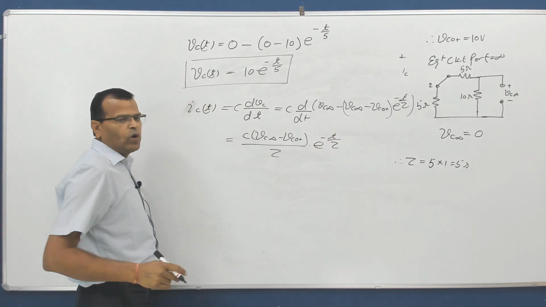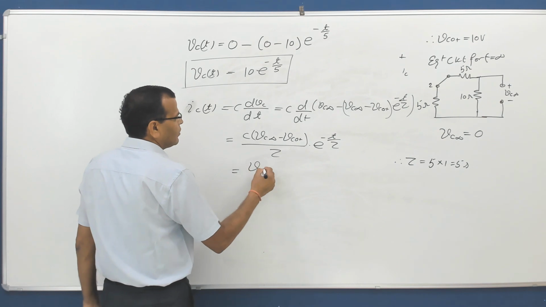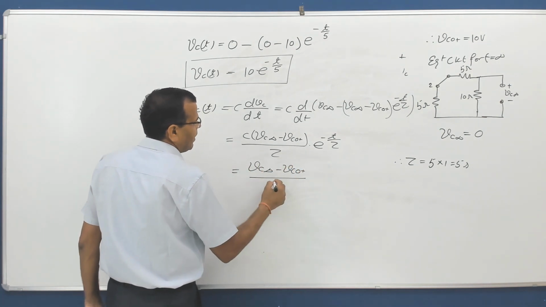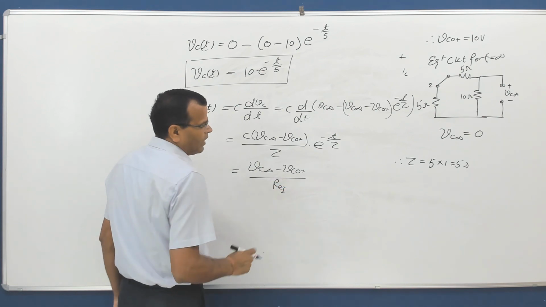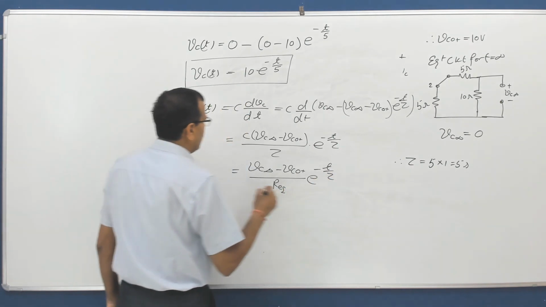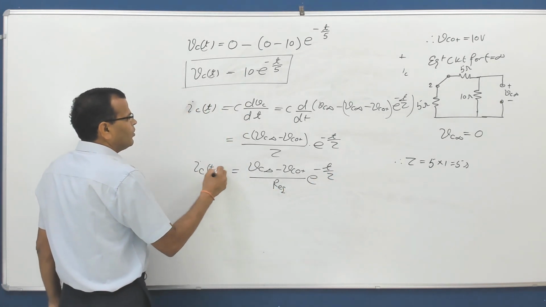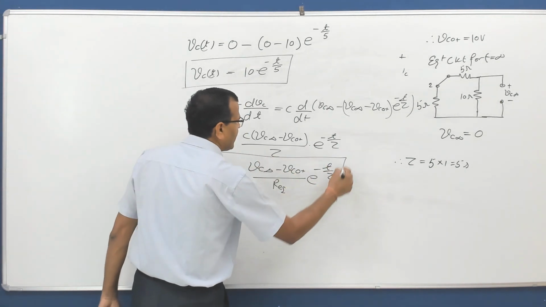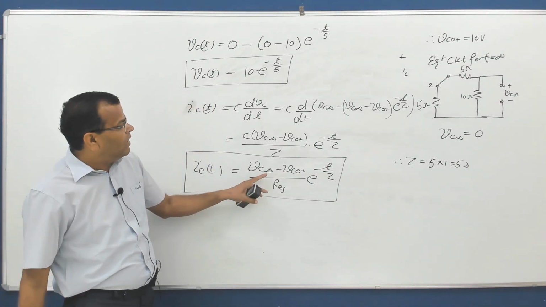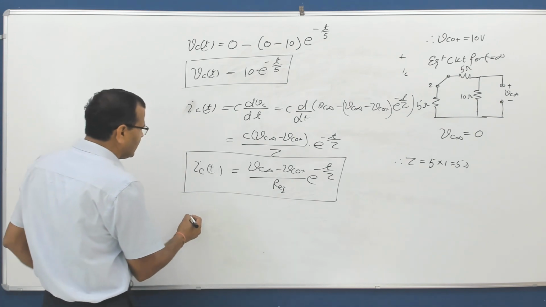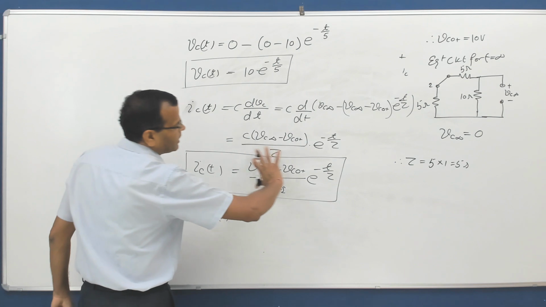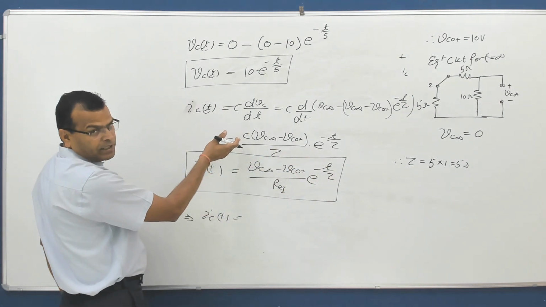And you know what is tau? Tau is R equivalent into C. So this is Vc infinity minus Vc0 plus divided by R equivalent, the Thevenin equivalent seen across the capacitor terminals, e raised to power minus t by tau. This is Ic(t). You should remember this expression directly rather than deriving it in the exam.